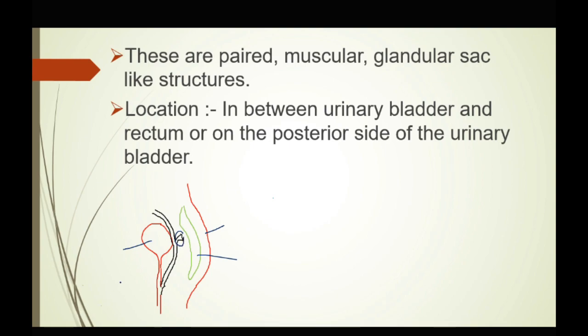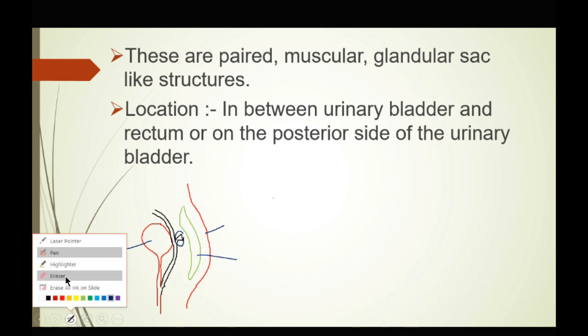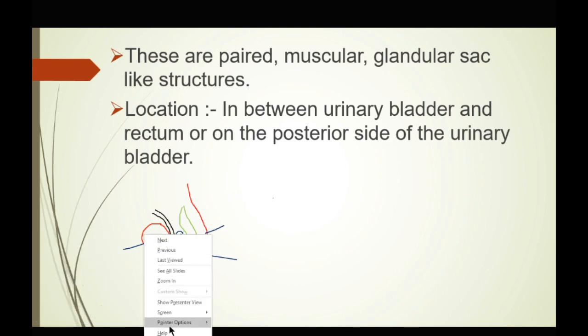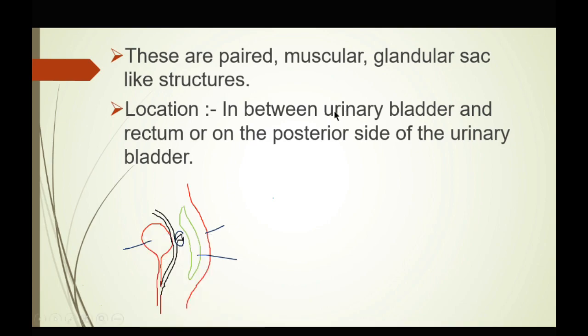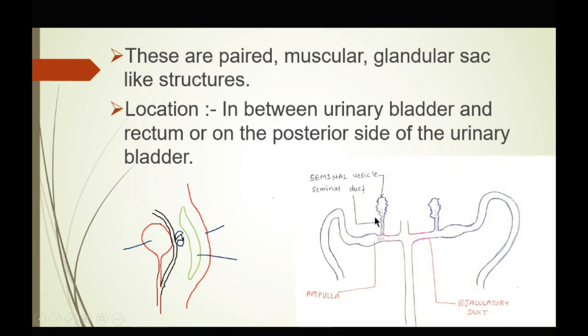So we can say that the seminal vesicle is found between the rectum and the urinary bladder. This is the same figure shown again.